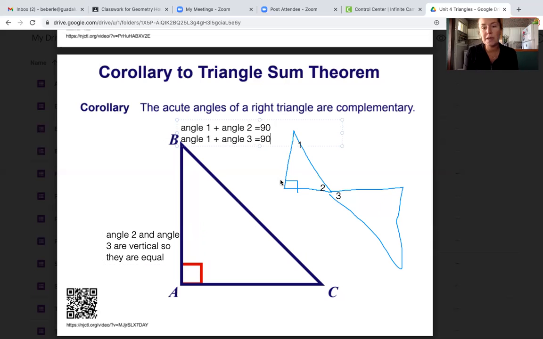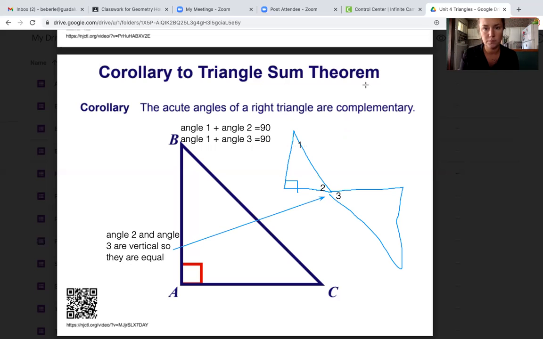It would be true because angle 2 and angle 3 are equal. Saying angle 1 plus angle 2 equals 90 is the same thing as saying angle 1 plus angle 3 equals 90 because angle 2 and angle 3 are equal. And we know that because right here. Questions on that?